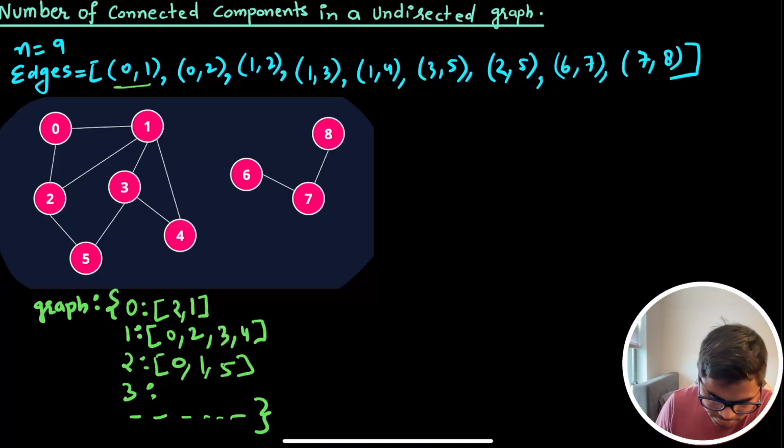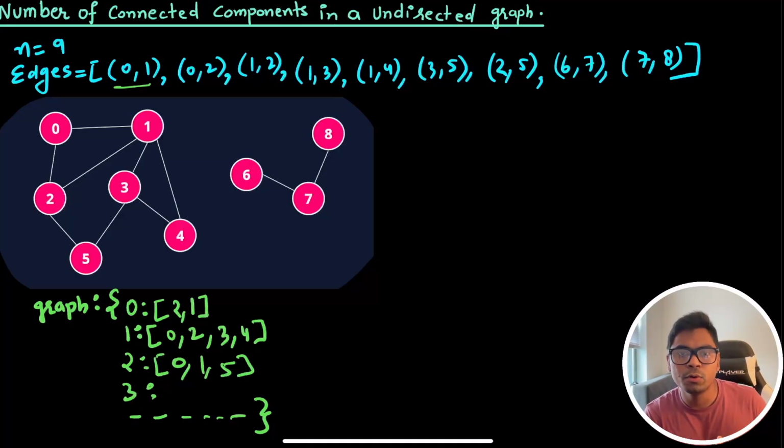Now since we need to visit all these connected components, I will have a for loop going from node 0 to n minus 1, and then I'm going to visit all the connected components using DFS. So DFS will help me if I start my search on 0.